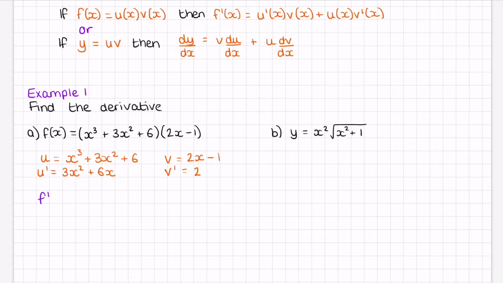So we have the derivative of x equals, I always do the derivative of u first, so 3x squared plus 6x times by v, 2x minus 1, plus the derivative of v, which is 2, multiplied by u.